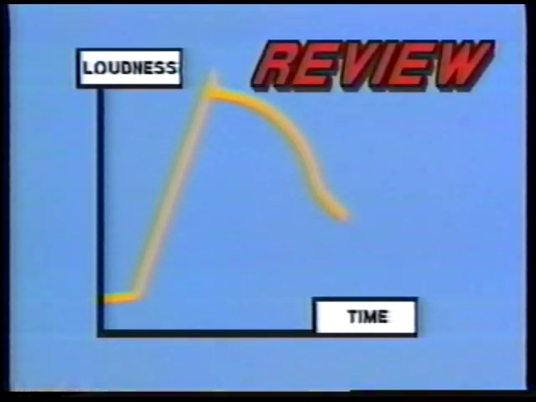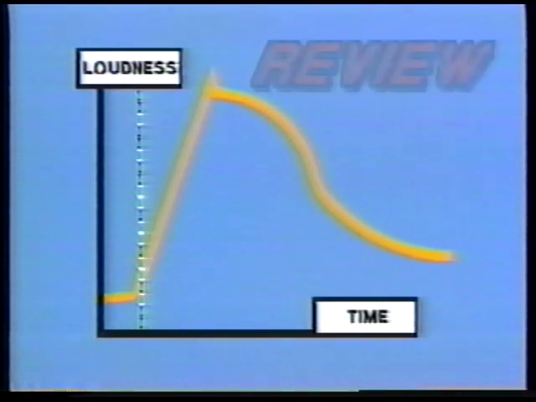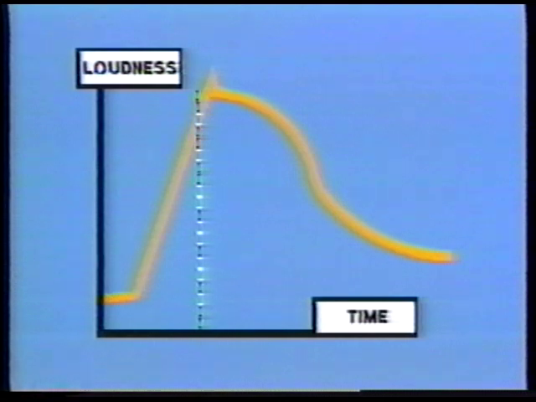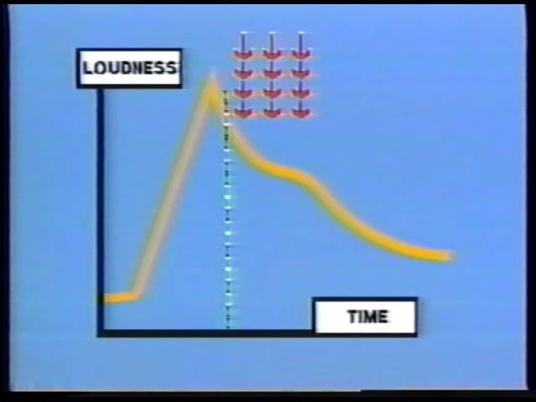We've seen that adjustment of attack and release time can radically affect how a VGA affects a signal. Attack time determines how quickly a compressor or limiter reduces its gain when the input signal exceeds the threshold, or how quickly an expander or gate turns back on when the input signal exceeds the threshold.